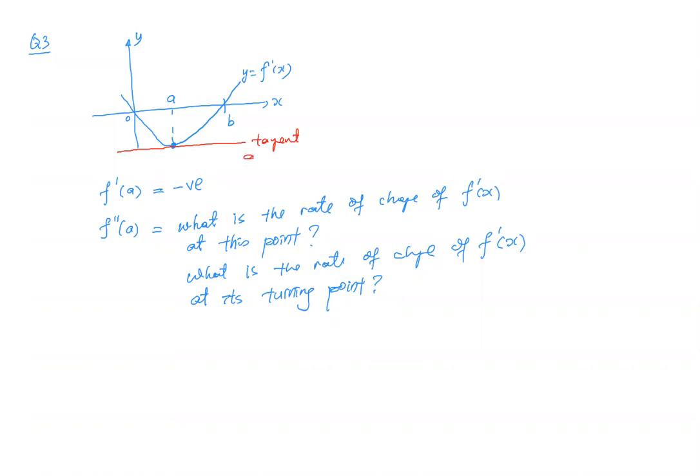Then what is the gradient of this tangent? If the tangent is parallel to the x-axis, what is the gradient of this tangent? Yeah, 0. So f double prime A, the value is 0, because f double prime is the rate of change of f prime.